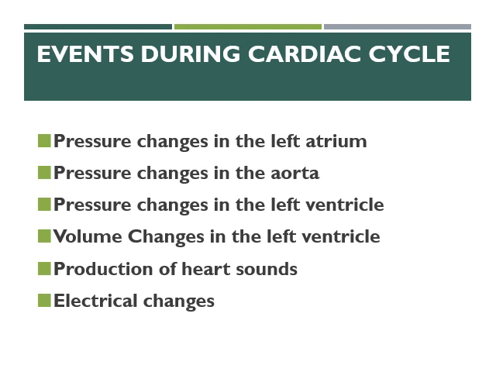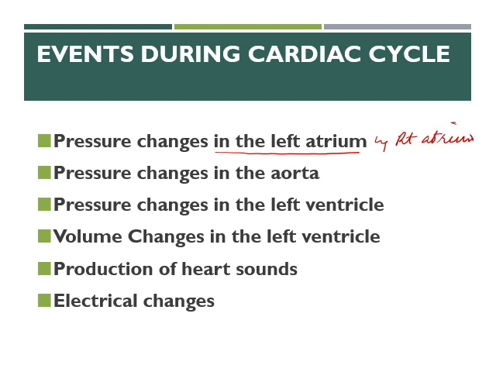So during systole and diastole, six events occur that we will discuss one by one in the coming slides. The first event is the pressure changes in the left atrium and right atrium.